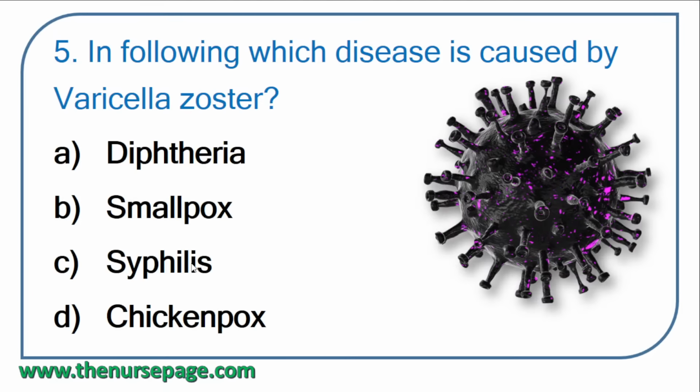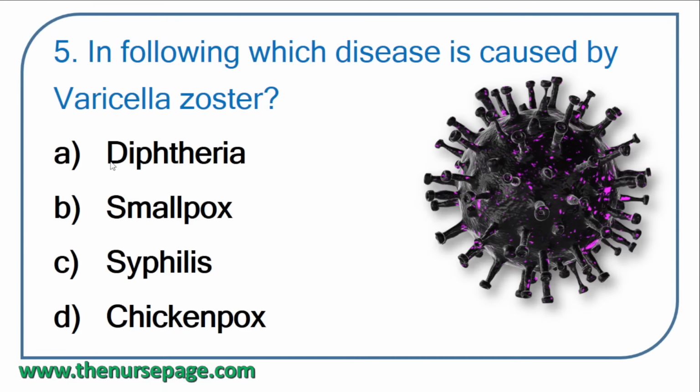Correct answer, chickenpox. Chickenpox is caused by Varicella zoster virus. Diphtheria is caused by Corynebacterium diphtheriae, a bacterial disease. Smallpox is a viral disease caused by variola virus. Syphilis is caused by Treponema pallidum.